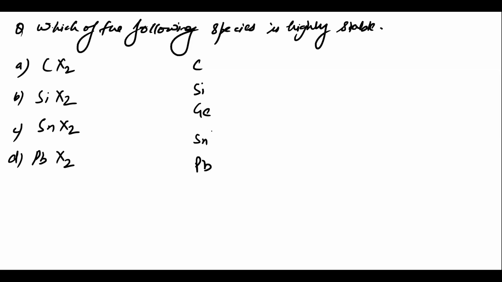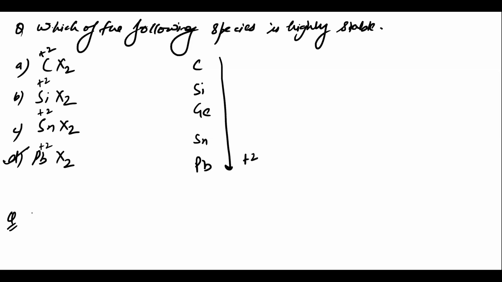You know that as we go down the group, the +2 oxidation state is more stable. So this one will be more stable, because all of them are going to have +2 valency. As a result, you can simply say that +2 will be more stable as we go down the group. Got it?